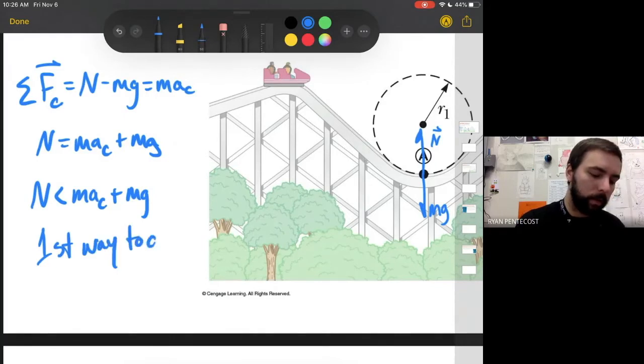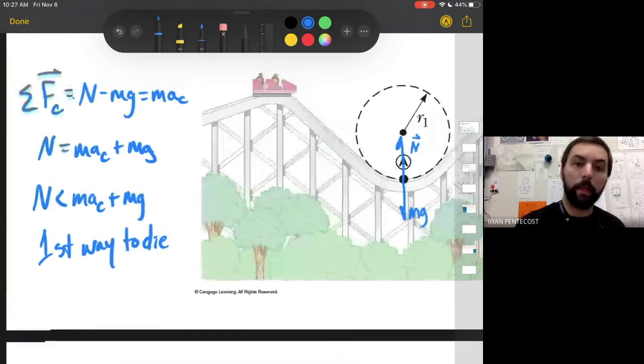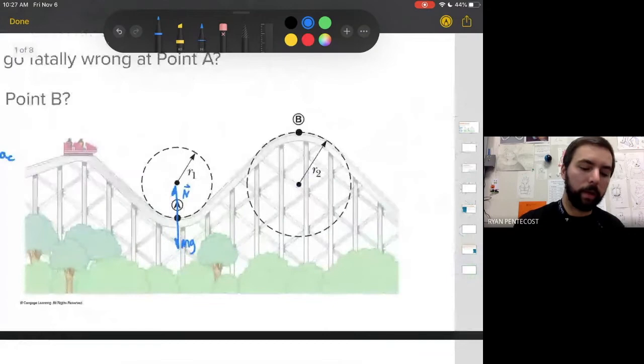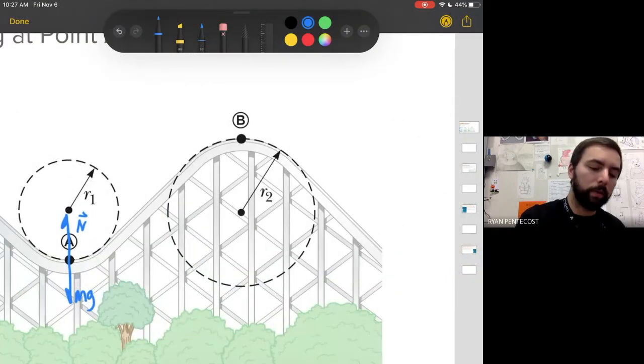So if the normal force can't handle the centripetal force, if it can't compensate to continue that circular arc, and mg wins that battle, you fall through the roller coaster, right? That's always a bummer.